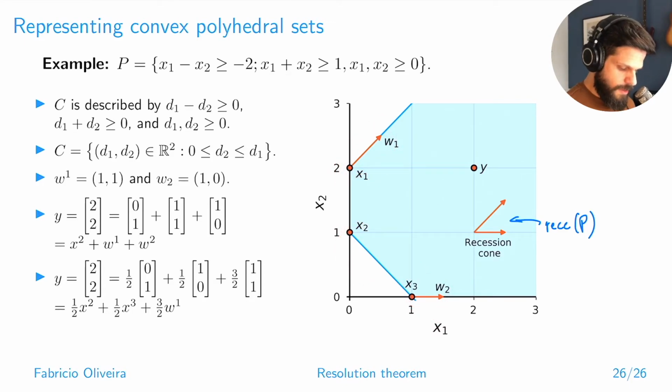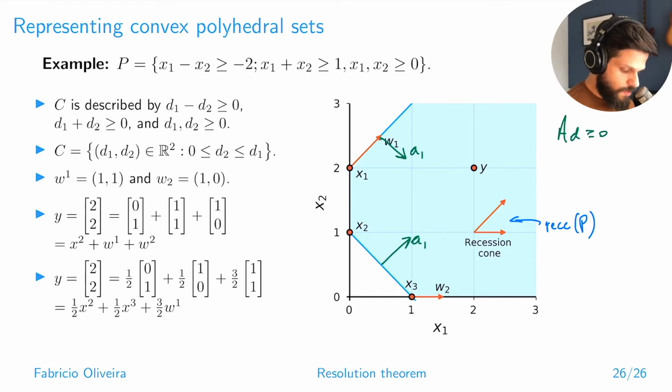Another way of seeing the recession cone is, remember that we defined it in this case to be something like so. If you think about the constraints, constraint 1 has associated the vector 1, -1. So it's this vector here. Let's call this A1. This vector here is A2, the vector 1, 1.